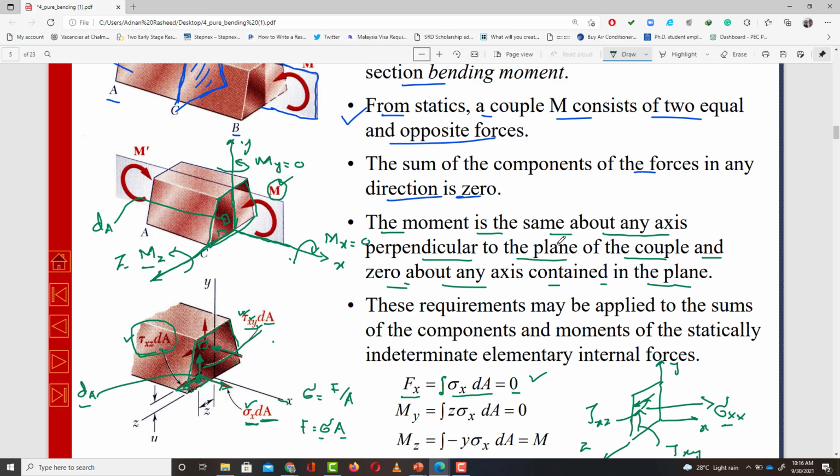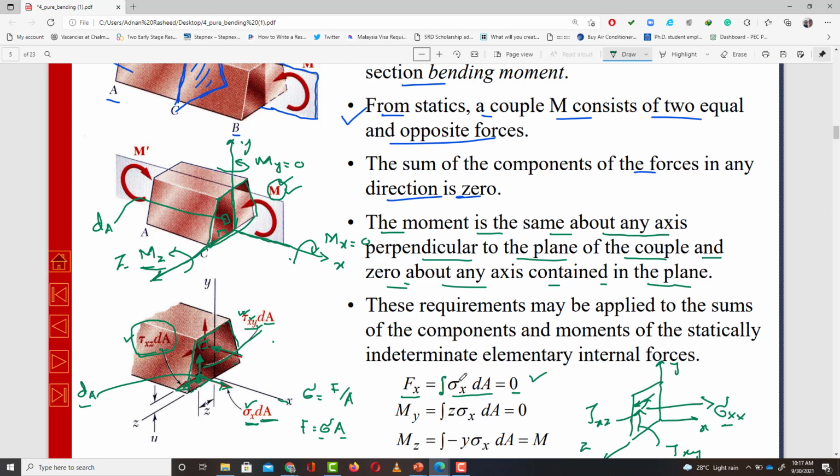Because the moment about any axis contained in the plane will be 0. That's why the y-axis and x-axis, which are contained in this plane, have zero moment. The moment exists only on the axis perpendicular to the plane containing the moment. So only the moment Mz is not equal to 0. I hope it's clear to you.